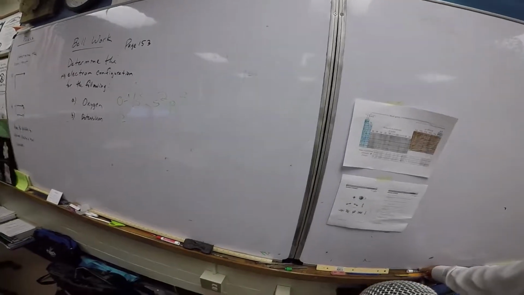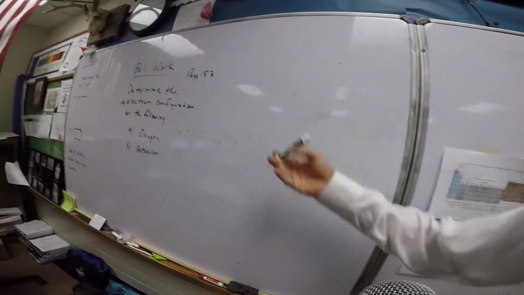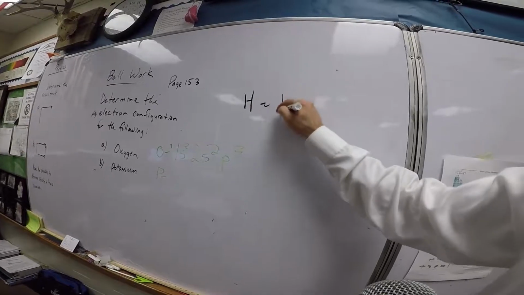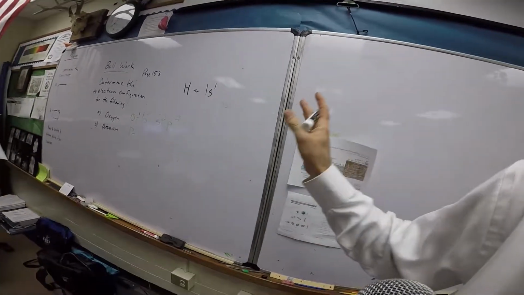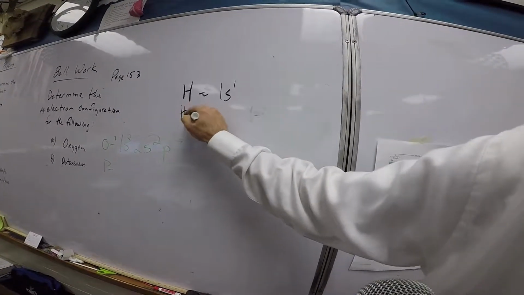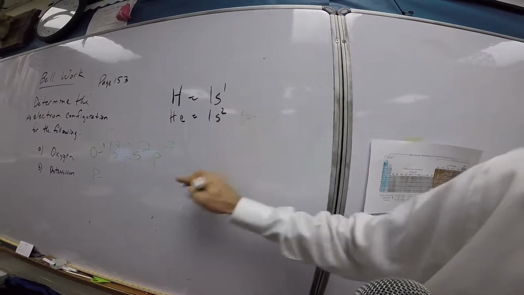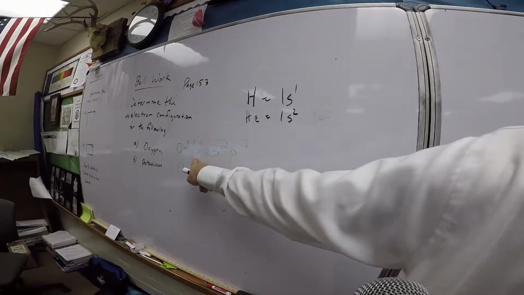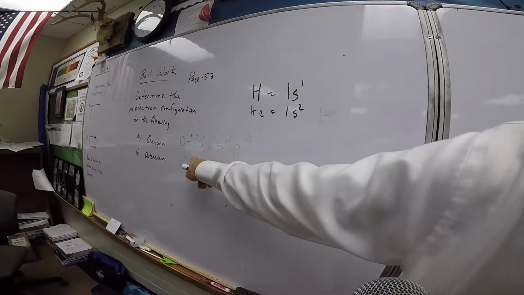Last week we learned about hydrogen has just 1, so hydrogen equals 1s1. There's one, only hydrogen can be 1s1. And then we have helium equals 1s2. So oxygen has helium structure within it, and it also has hydrogen structure within it.